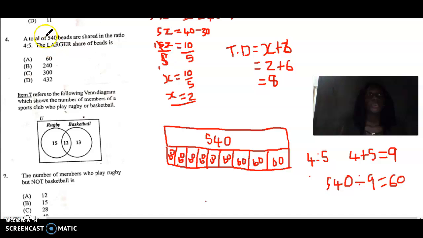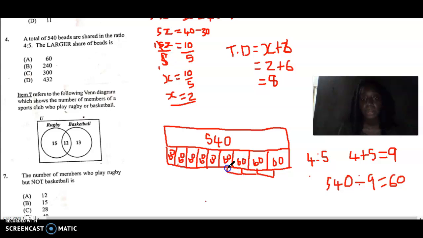Now we are only concerned with the larger share of these. Okay, so if we have 4 portions and 5 portions, then it means that 5 is the larger. So what I will do now is add 5 of these portions, so that is 60 plus 60 is 120. Plus 60 is 180.